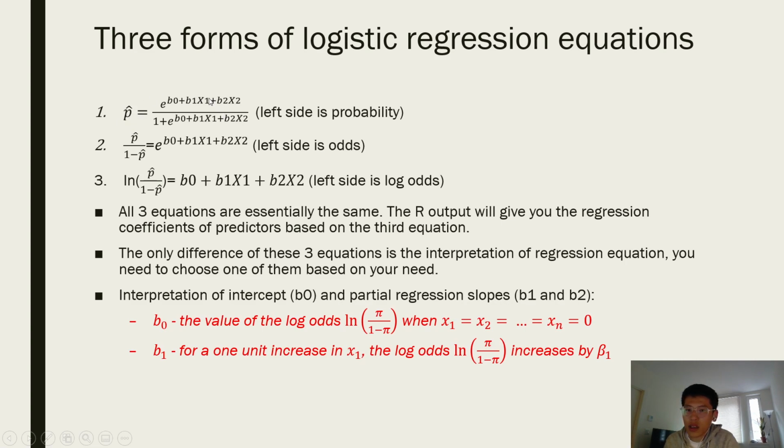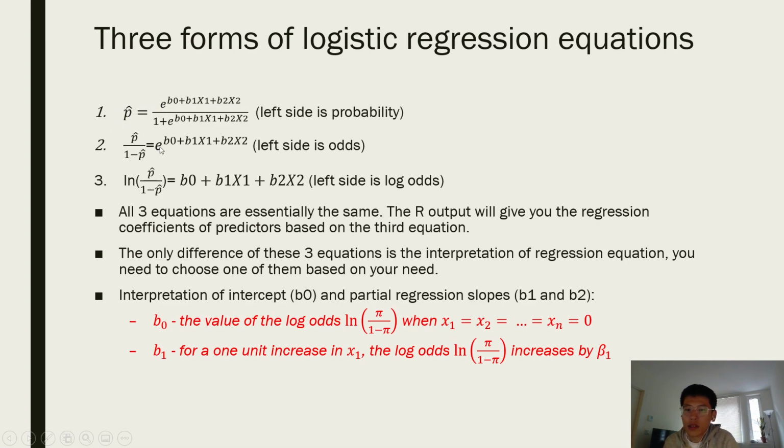In this case, there is no straight relationship, so you cannot just directly interpret the parameters here. That's a little bit tricky. So the first one is easy only because of the y here.